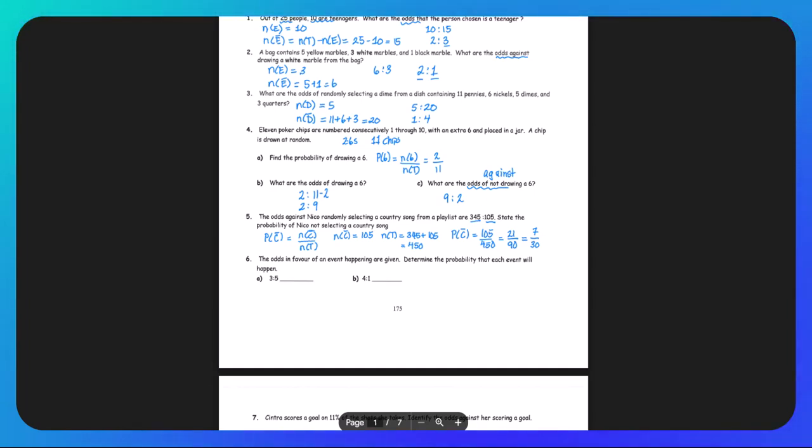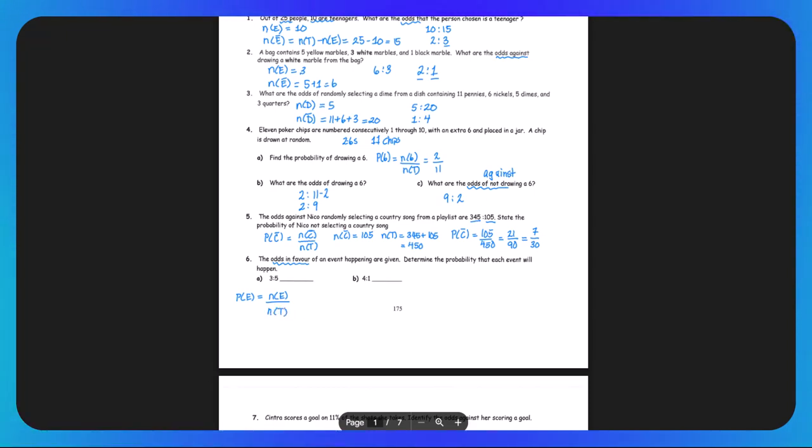Now let's look at the next one. It says the odds in favor of an event happening are given below. Determine the probability that each event will happen. So we know that the probability of an event happening equals the number of the event over the number total.